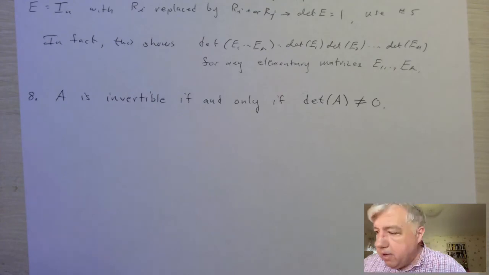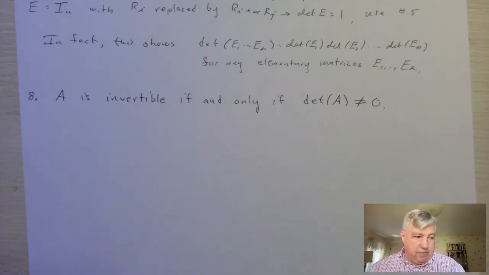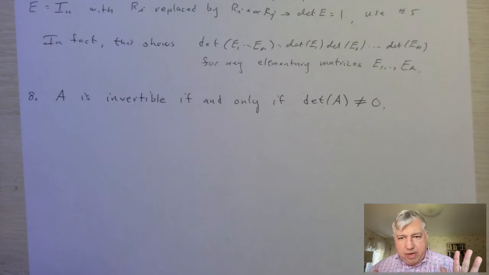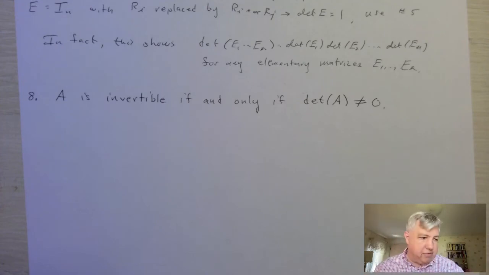Well, remember that any matrix can be put in reduced row echelon form by using elementary row operations, which correspond to multiplying on the left by elementary matrices.